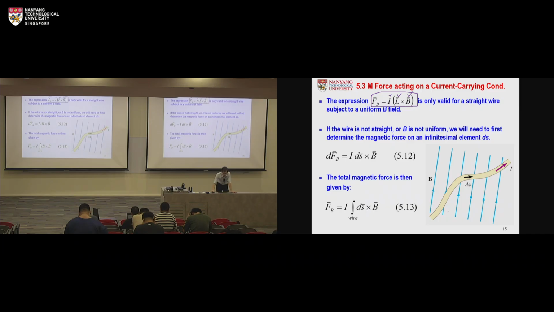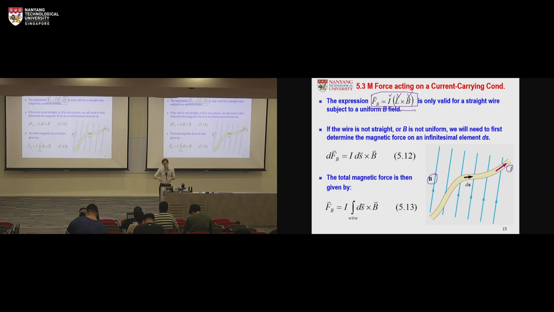Let's say you have this kind of curved wire, and there is a current flowing along this wire in this direction. The B along this direction is constant. For this current flow, can you apply I L B directly?